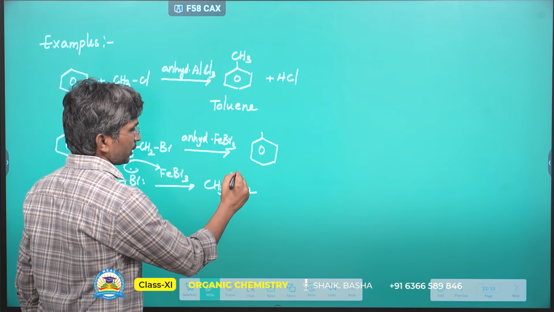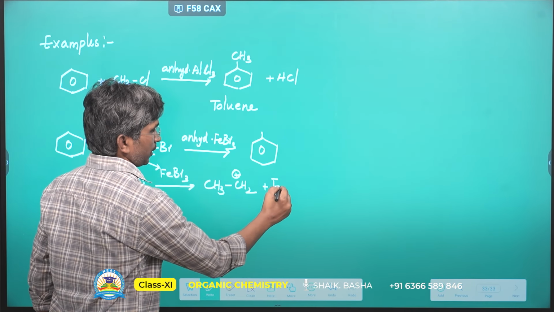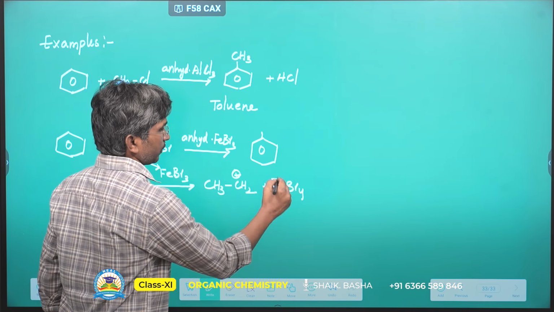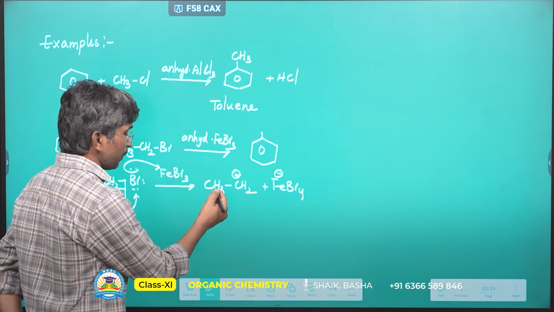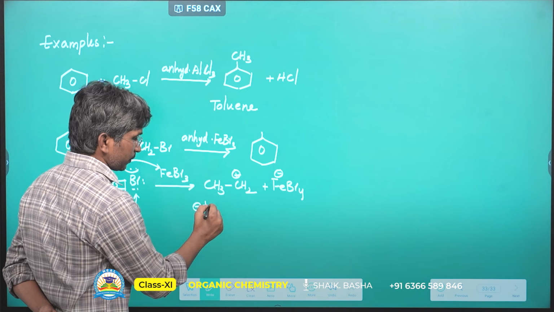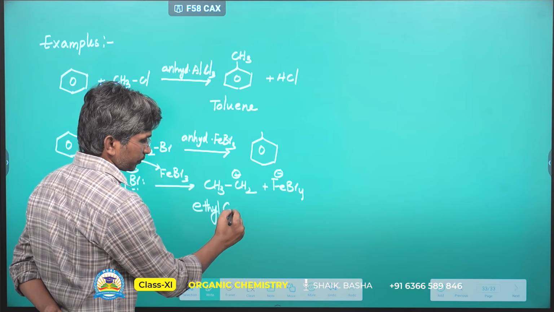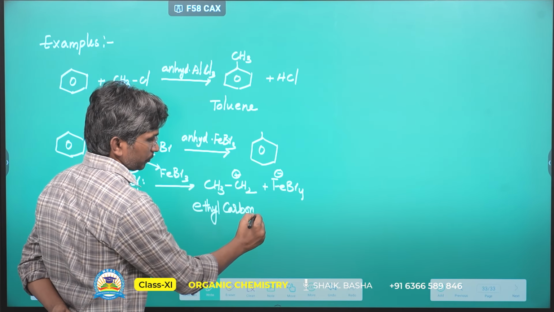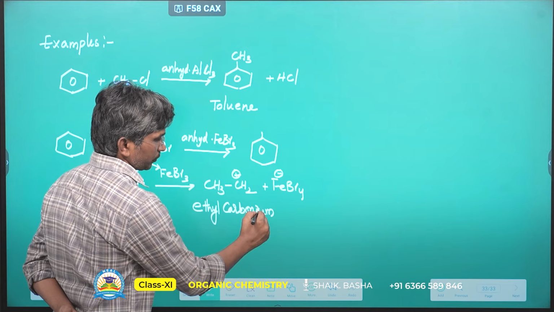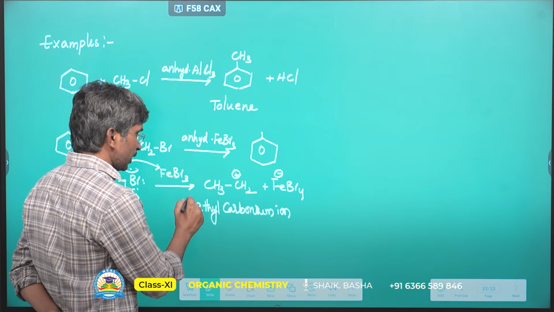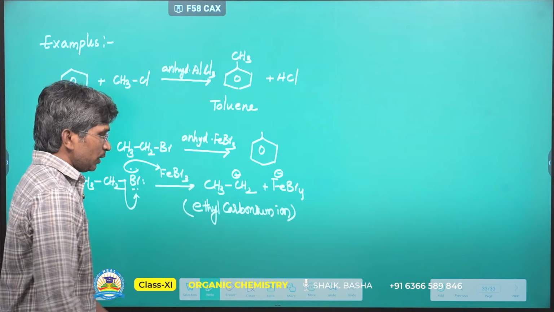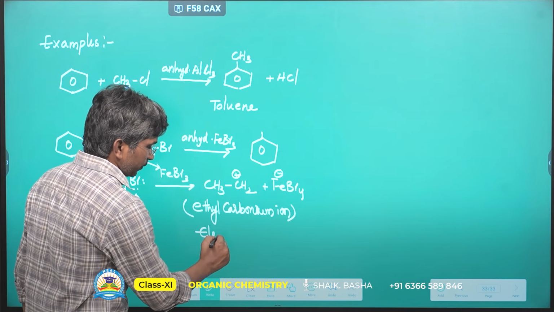In that, the CH2 carbon gets the positive charge. FeBr4 minus will be formed. So this acts as the electrophile. What is the name of this one? Ethyl carbonium ion, also called ethyl carbocation. So this is the electrophile.